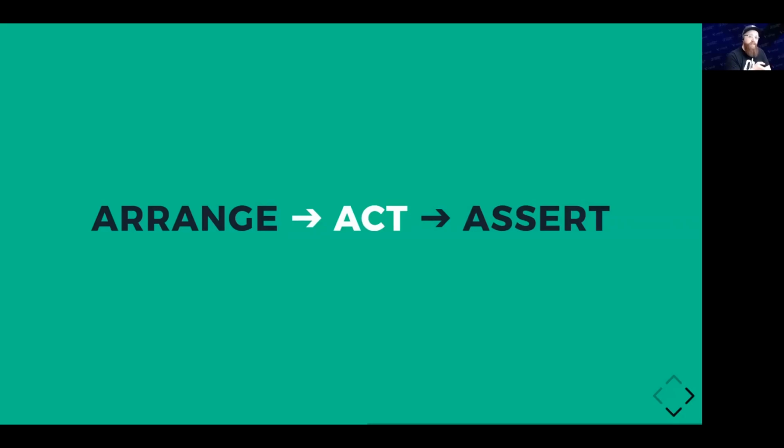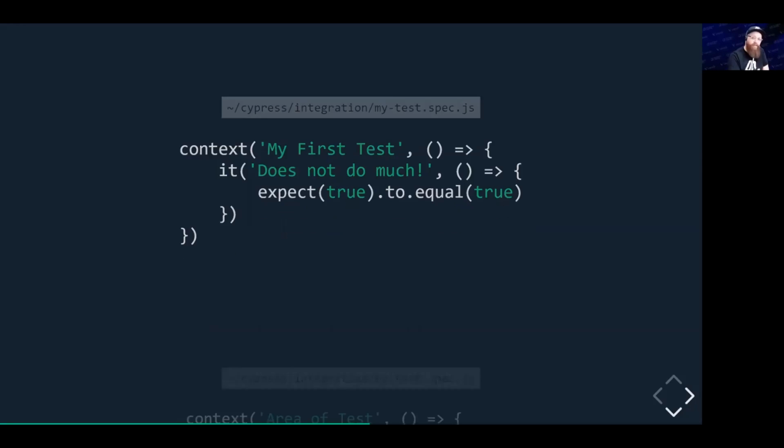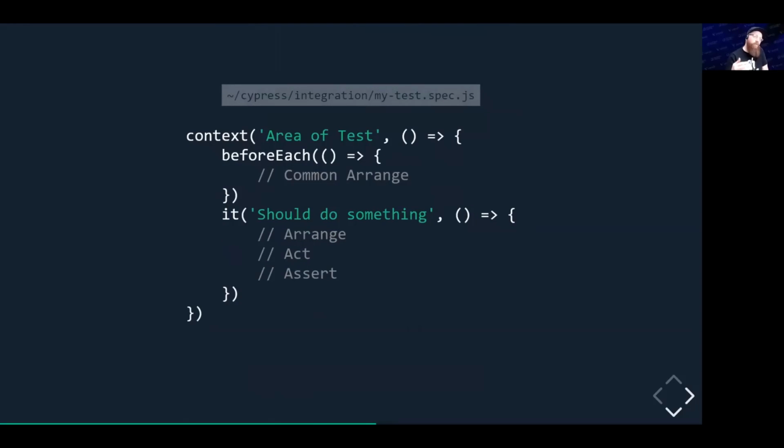Those really stuck with me in terms of unit testing, and they still work really well with end-to-end testing as well. So if you remember, this is what a test would look like from creating our first test. But if we then put that into our 3-step process of how we're going to do our tests, we can use a before each to do some common arrangement.